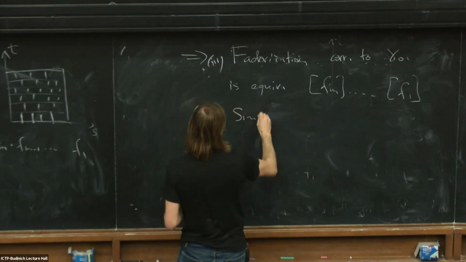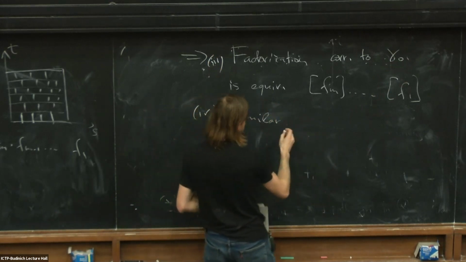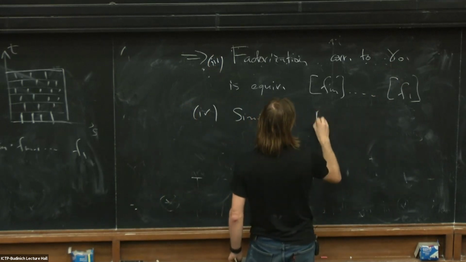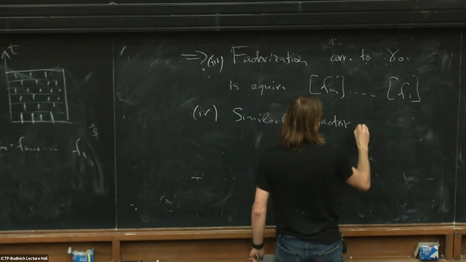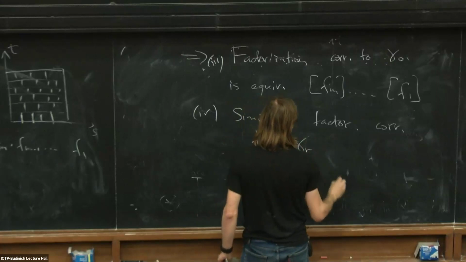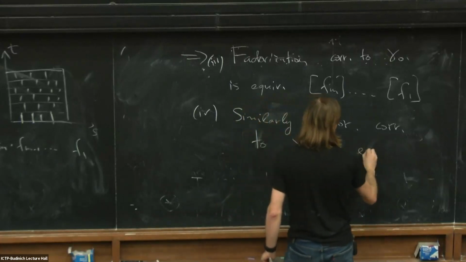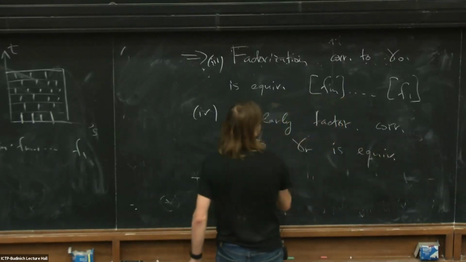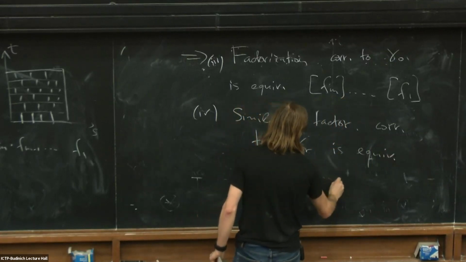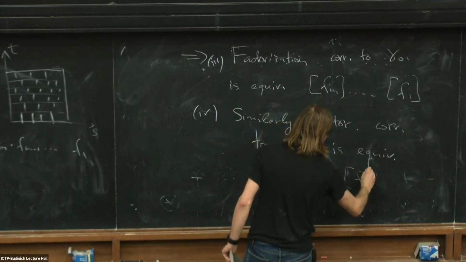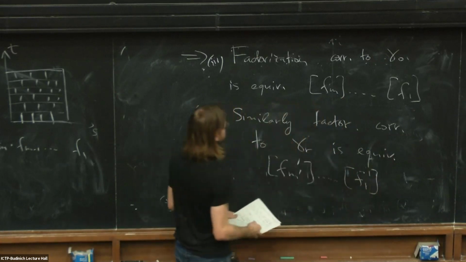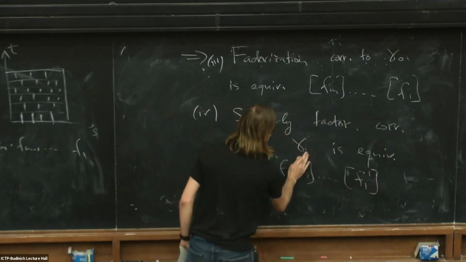Similarly, we consider a bottom edge, but similarly we can consider the top edge. The factorization corresponding to gamma n, the final one, is equivalent to the second.